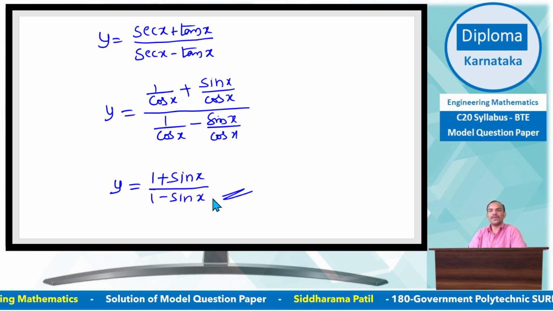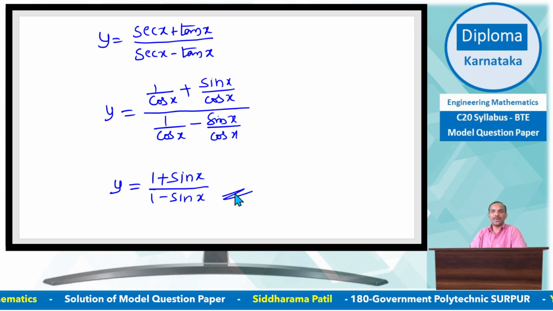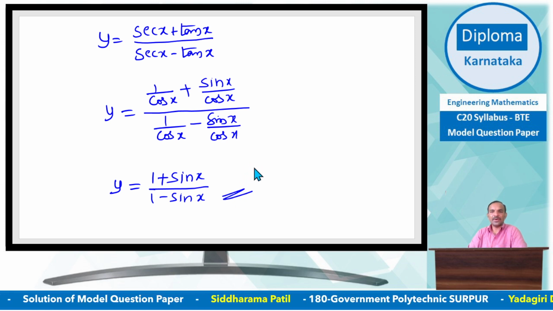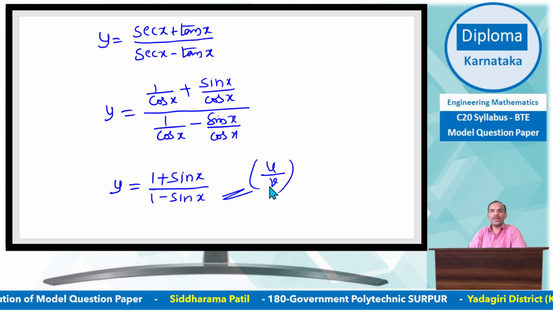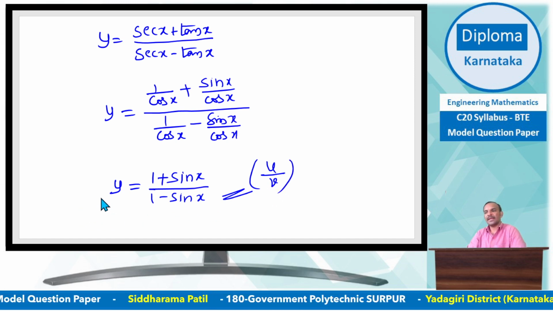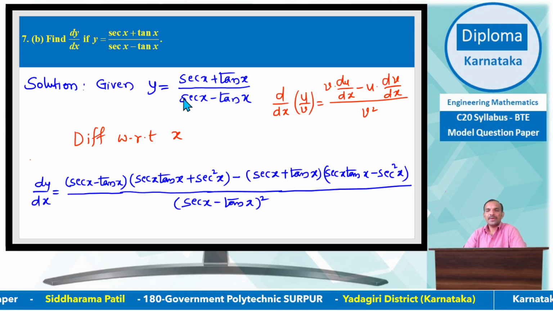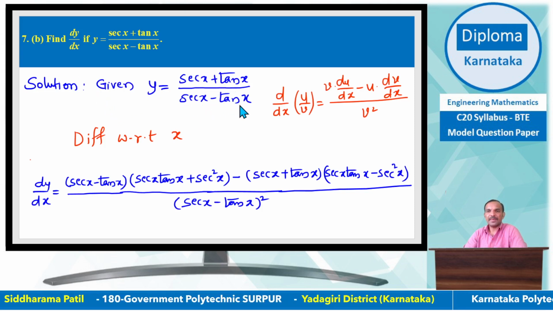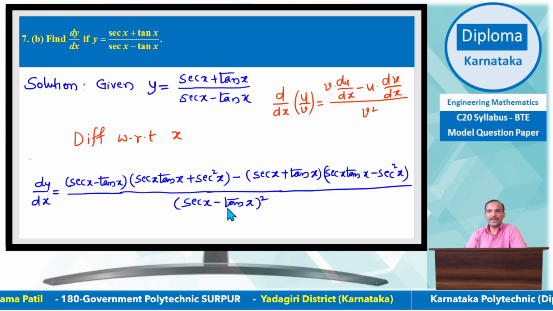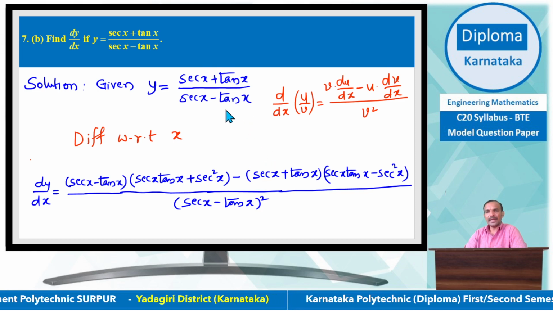Same thing you can continue. It is not the answer yet. For this you have to apply the u by v rule, then get the answer. It is another method. Sec x plus tan x divided by sec x minus tan x: denominator square, denominator as it is, numerator differentiation minus numerator as it is, denominator differentiation.